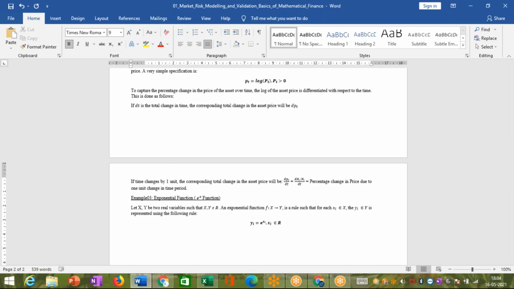Now there are some important relationships which must be taken into account if you are talking about exponential functions, right? But before we go into the relationships, let's try to assess how this exponential function would look like.